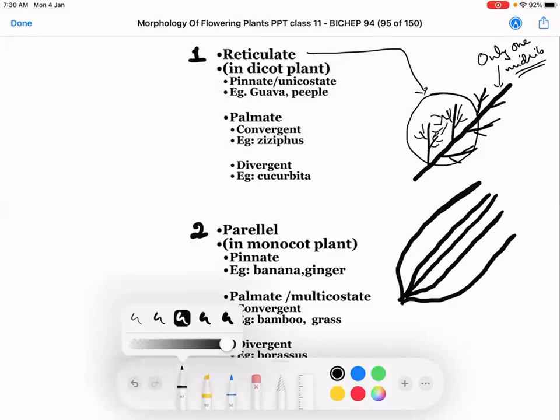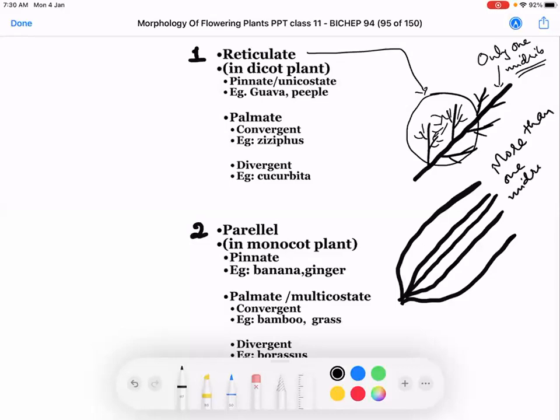So they have more than one midrib, and this is the basic difference between reticulate and parallel venation. Reticulate is generally found in dicot plants, and parallel is generally found in monocot seeds.